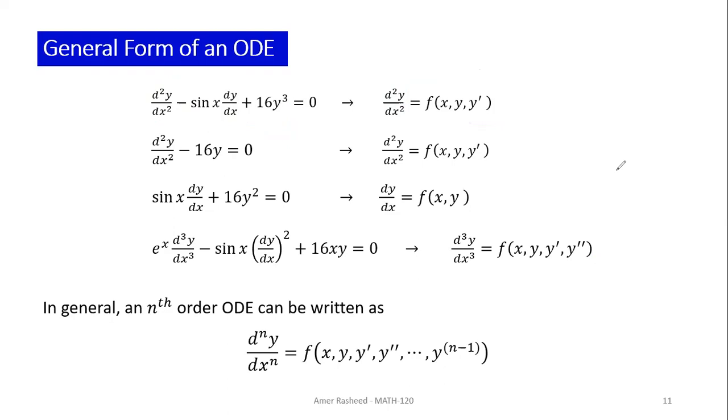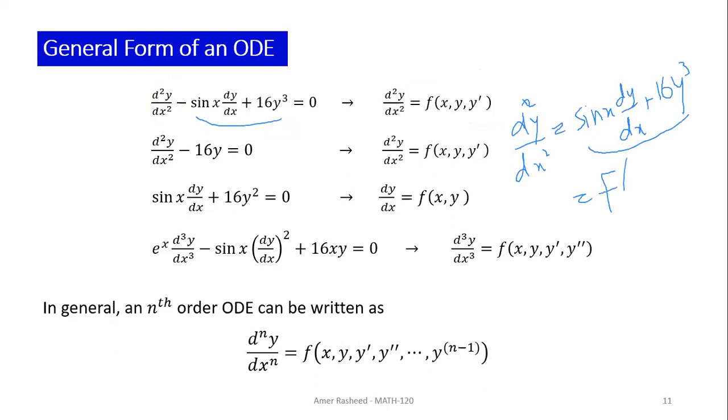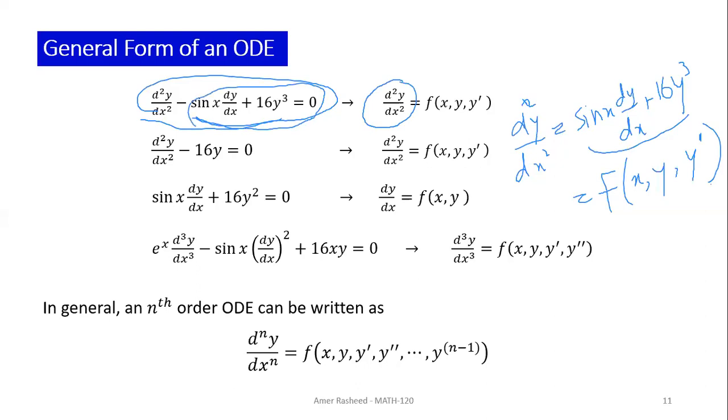For example, अगर हम इस सारी टर्म्स को दूसरी साइड पे ले जाएं, तो हम क्या लिख सकते हैं, d square y by dx square is equal to sin x dy by dx plus 16y cube। तो अब ये किसका फंक्शन है, ये फंक्शन है f ऑफ, ये x का फंक्शन है, y का फंक्शन है, और y डैश का फंक्शन है, दिस थिंग। So in this way we can write this differential equation by keeping the highest order derivative on the left hand side and the remaining terms on the other side.